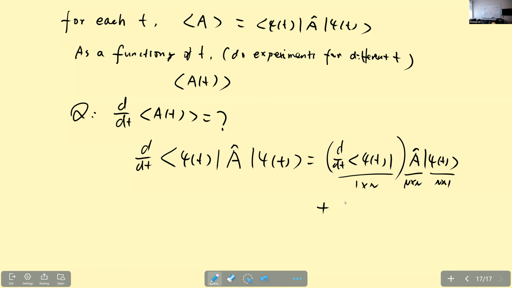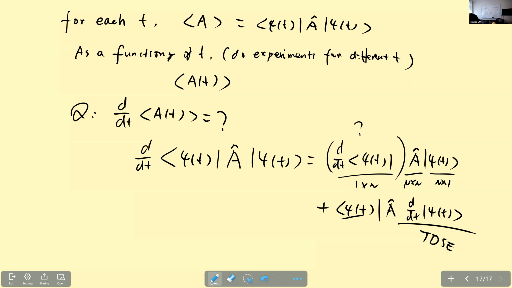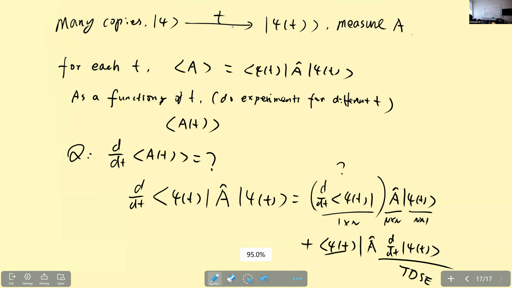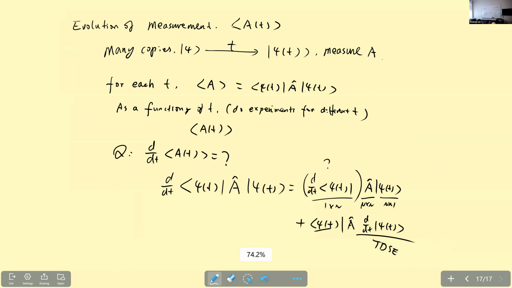But you can also have another term, <psi(t)| A d over dt |psi(t)>. And this one, of course, can be obtained by the time-dependent Schrödinger equation, right? But then the question is, how about this term? Right. And this one actually is given by the conjugate, okay, of the Schrödinger equation, okay.